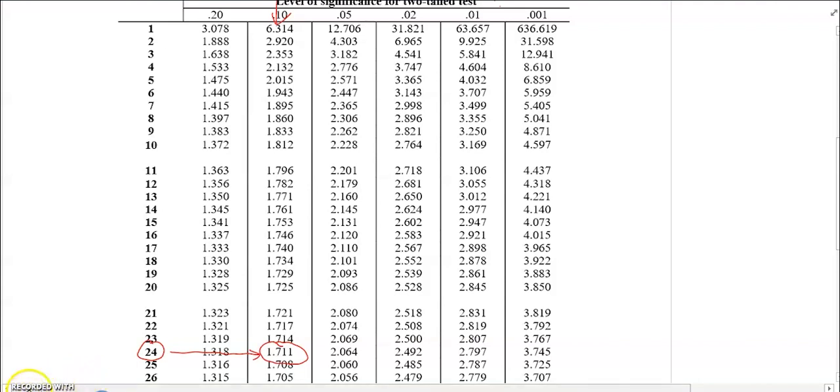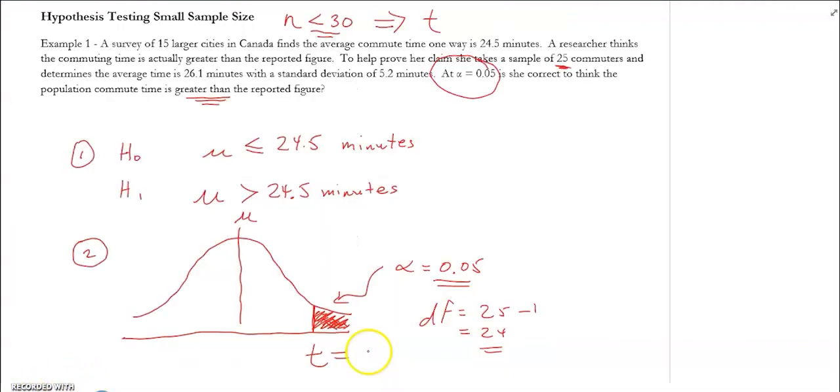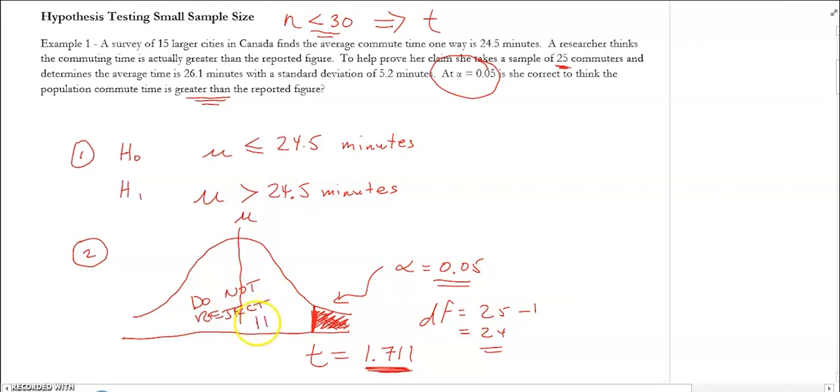So 1.711 is the critical value. Once again, if our test ends up being here, we do not reject our null hypothesis. If it ends up here, we do reject.